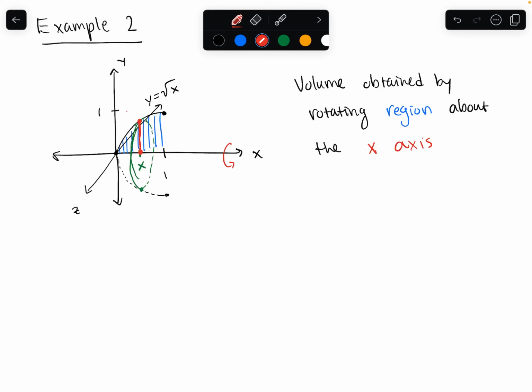This height, you have this point x comma y that lies on this curve y equals square root of x. So the height here, I'll call it h. If I want the area of the cross section, I'll do that in green. Area of the cross section at x is just pi times the radius, I'll put this in red, radius of the cross section at x squared.